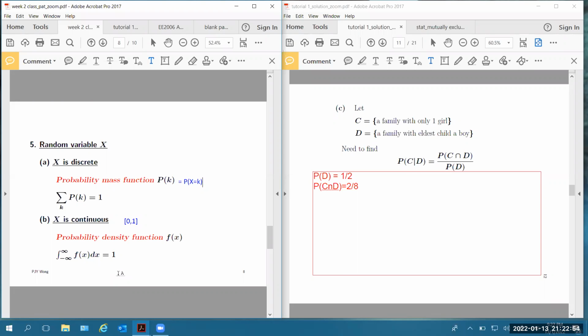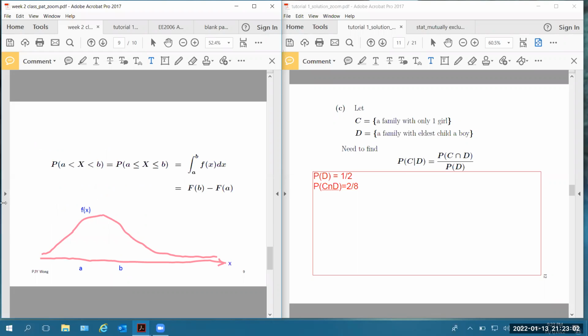And the next thing is, we want to see how we can use this f of x to calculate probabilities, right? It's on the next page. Now, probability of X between a and b. Your X is continuous. Probability that your random variable X is greater than a and less than b.